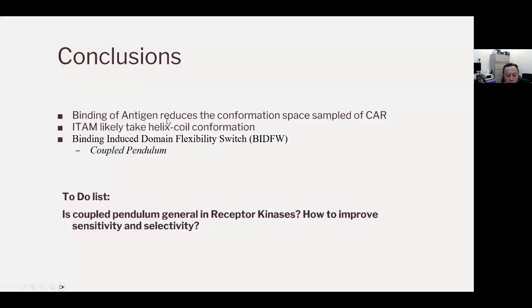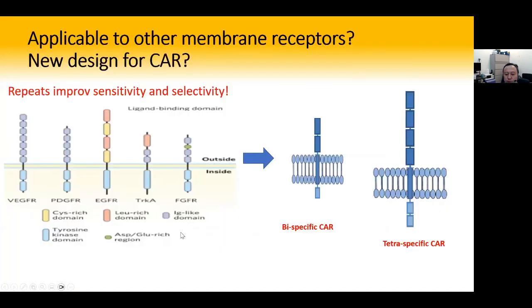So with this model, how do we improve the sensitivity and selectivity? Here's the strategy. We use that model and look at nature. Nature uses a lot of antibody domain repeats and kinase domain repeats. Now we hypothesize that nature improves the sensitivity and the selectivity. So with this idea in our lab, we have the repeat on the signal on the antibody part, and we also want to try the repeat on the kinase domain.